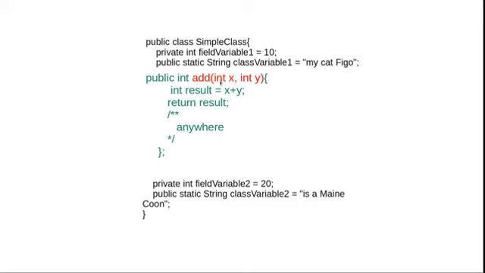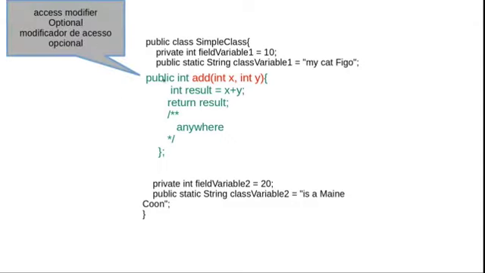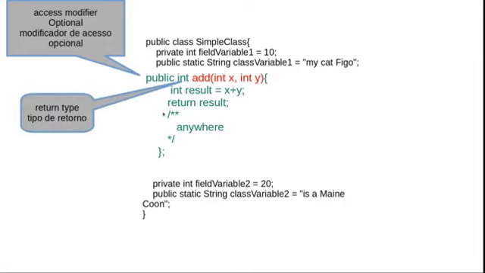And here I've got two parameters of type int, one called x and one called y. So you can have an optional access modifier in the method. In this case, I could have had void, like in the main method you saw before. Void means it doesn't return anything, but I'm returning something. I'm returning an int value.